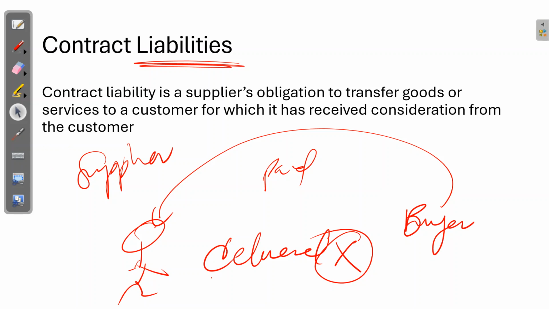So if the supplier delivers the product or service, then the contract liability becomes revenue. Do you get it? The double entry is like this: debit, credit. So contract liability has a credit balance.